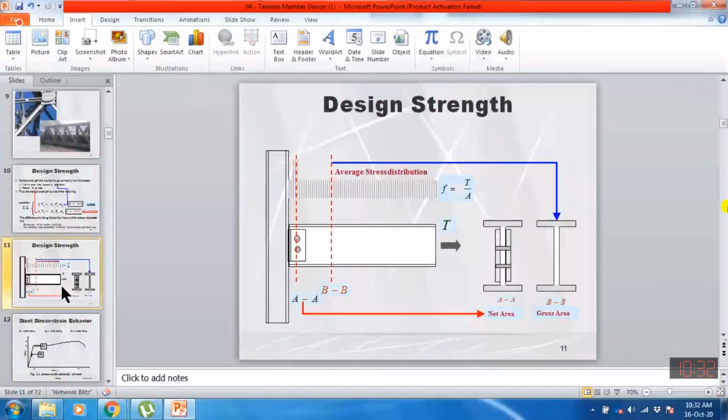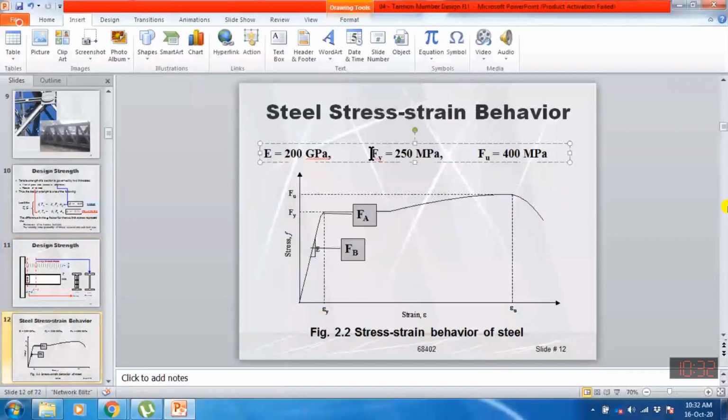But what happens? We know that when we are approaching this yield point, I would like to explain from here also.